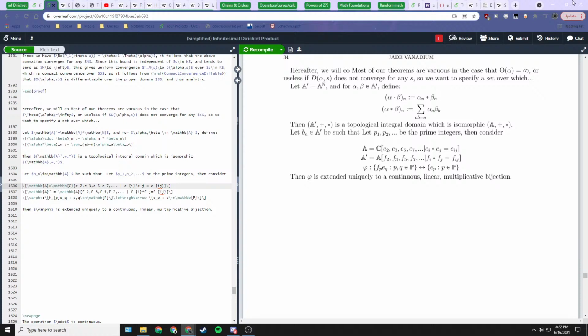You could repeat this scheme, really, if you have any set. Here the indices for these basis vectors are natural numbers.